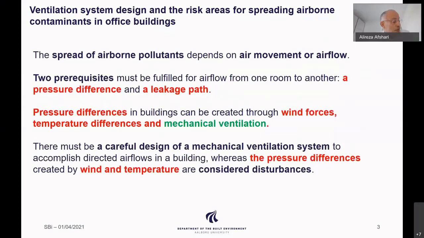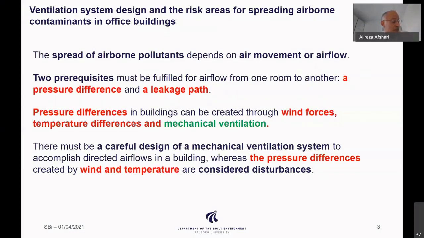First of all, it should be noted that the spread of airborne pollutants depends on air movement or airflow, and secondly, two prerequisites must be fulfilled for airflow from one room to another: pressure differences and a leakage path.